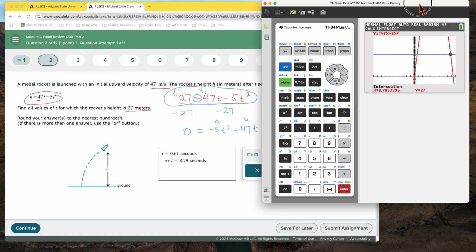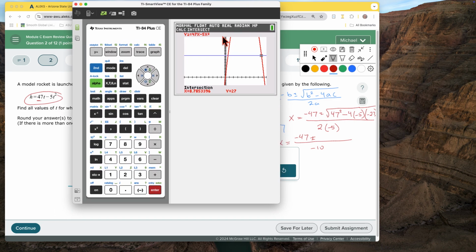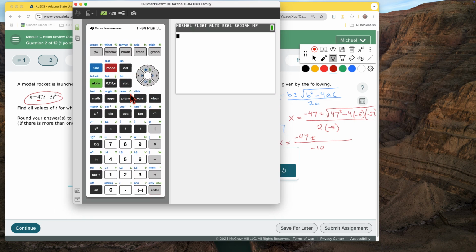Let's take the square root of 47 squared minus 4 times negative 5, and the parentheses should give us our multiplication, times negative 27.